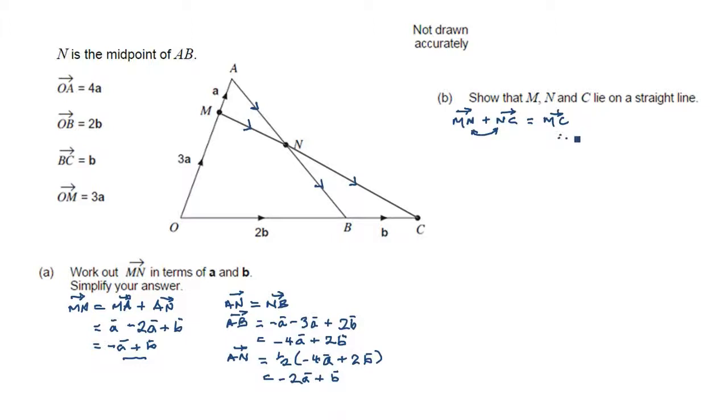So now, because these are in the middle here, therefore N is common. Okay, so that's the first part of what we've got to prove. We've got to make sure, first of all, that N has been shown to be on that line, connected to both M and N and N and C. So what we haven't done, though, is shown that they're on a straight line.